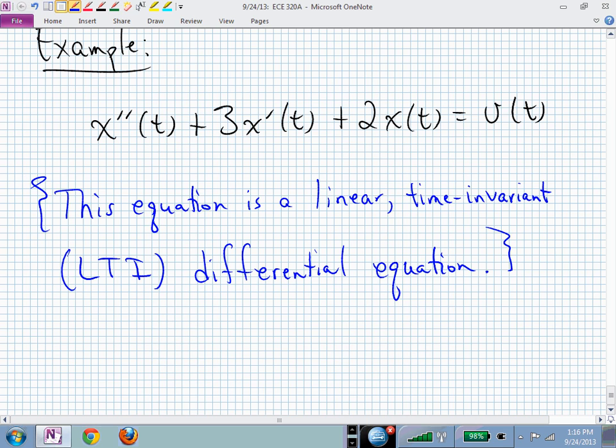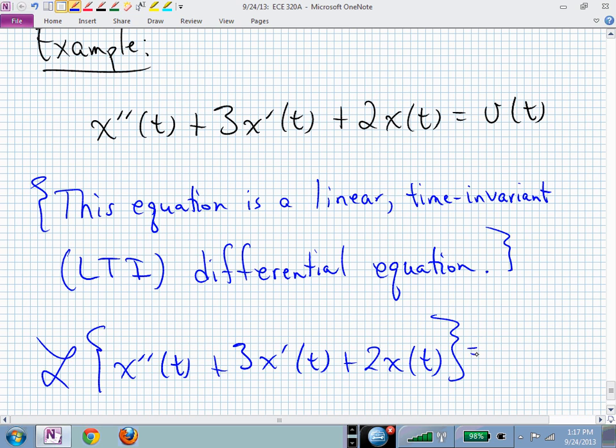Now, what we want to do is Laplace transform that. So we're now Laplace transforming the left-hand side and that better equal the Laplace transform of the right-hand side.